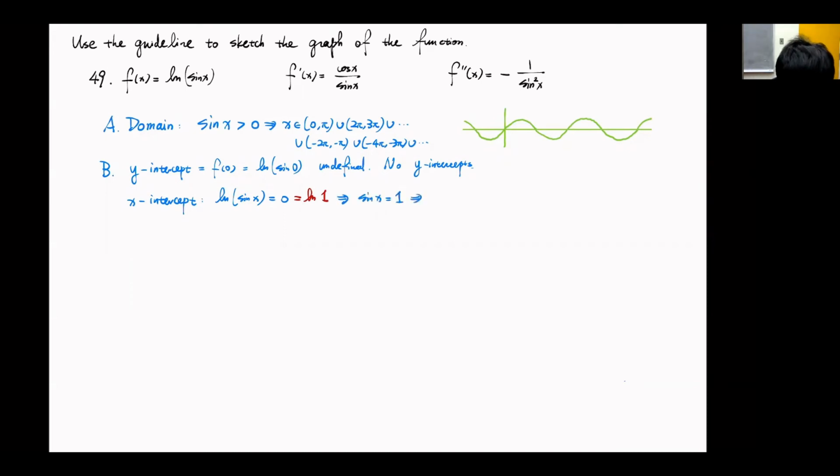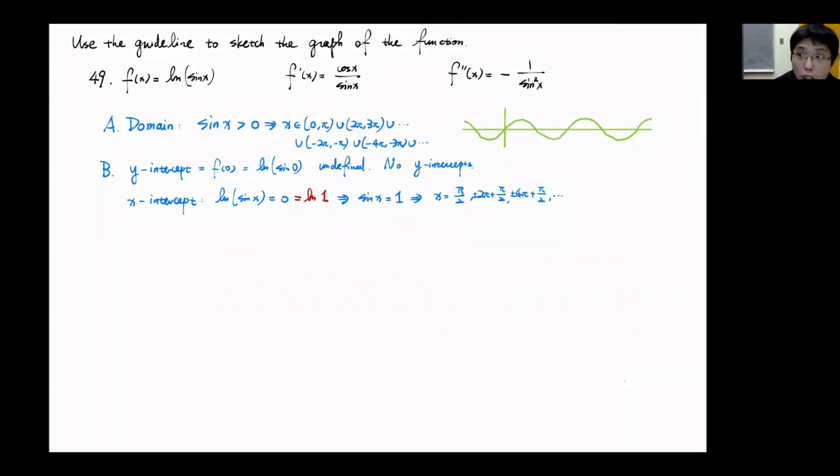That way you will get a bunch of solutions: x equals pi over 2, then 2 pi plus pi over 2, and 4 pi plus pi over 2, and you may have plus and minus signs over here, etc. So you will have infinitely many intercepts for this function. But since we are working with the periodicity, we do not need to worry about infinitely many points at the end of the day.